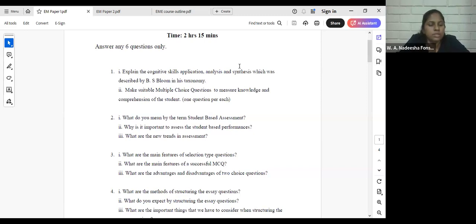So what are the new trends in assessments? There are new words in our vocabulary, new trends. What are they for assessment?